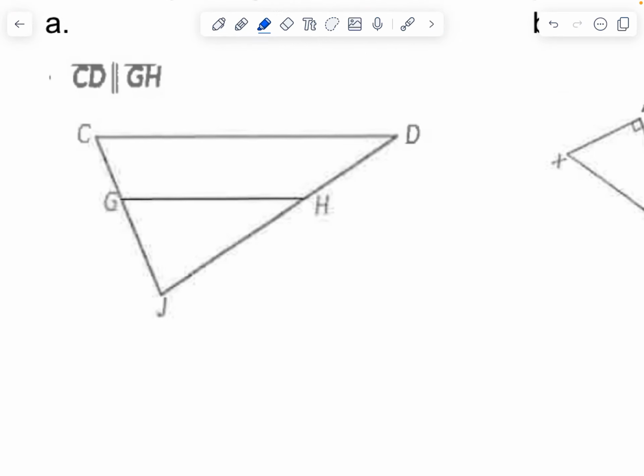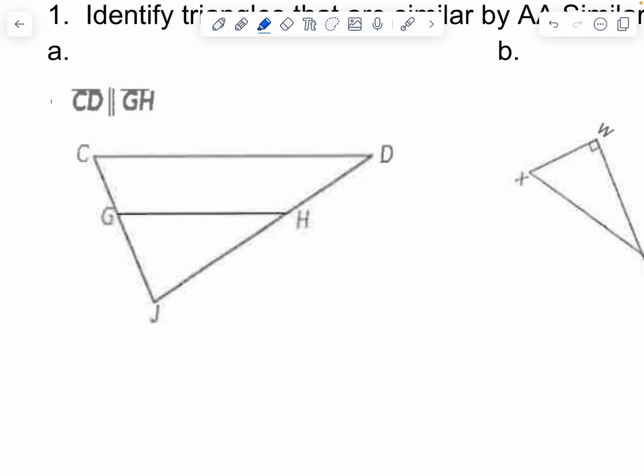So this first one says that this line segment and this line segment are parallel. If we remember from our lessons on parallel lines, if I have parallel lines cut by a transversal, and if you need to make these longer so that you can see it, this angle right here corresponds to this angle right here.